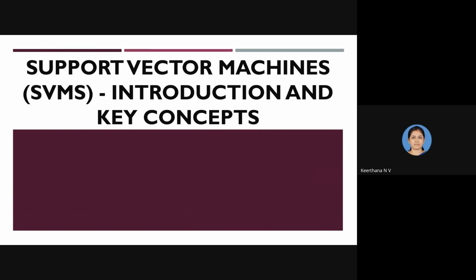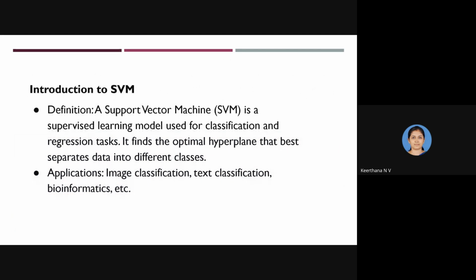If you are dealing with a classification task, you can go for an SVM. The idea behind it is to find a maximum margin hyperplane that separates the classes in the feature space, leading to a classifier that generalizes well on unseen data. So this is a supervised learning model.